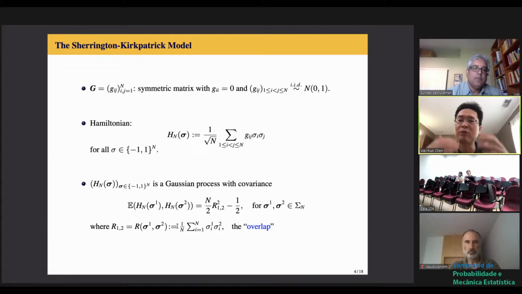The entire system will be dependent on the so-called multi-overlaps. This is just the two overlaps, but you can define three overlaps, sigma I1, sigma I2, and sigma I3, etc. You really need all of the overlaps in order to determine the behavior of the system. But overall, those quantities can be boiled down to the computation of the local magnetization, more or less.